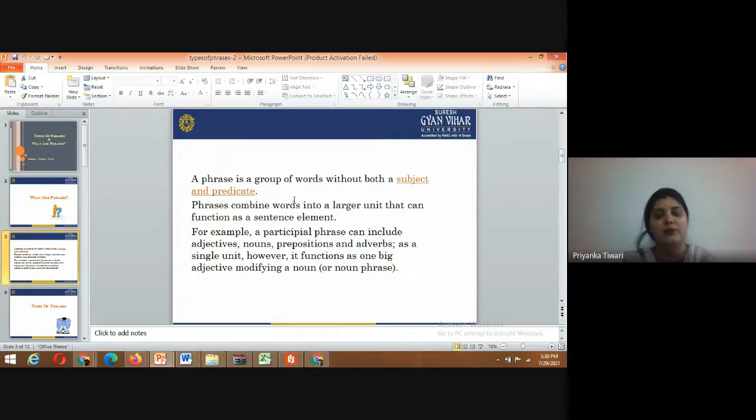Phrases combine words into a larger unit that can function as a sentence element. For example, a participle phrase can include adjectives, nouns, prepositions, and adverbs as a single unit. However, it functions as one big adjective, modifying a noun or noun phrase.